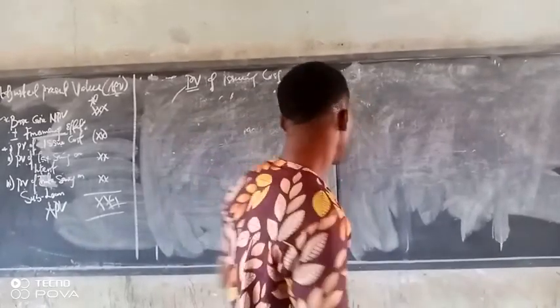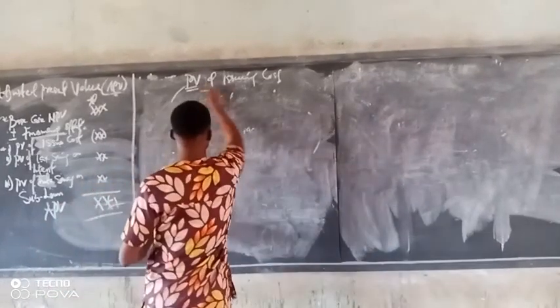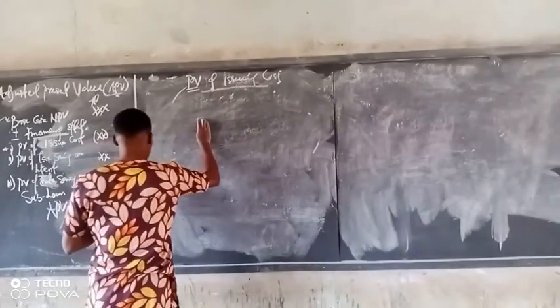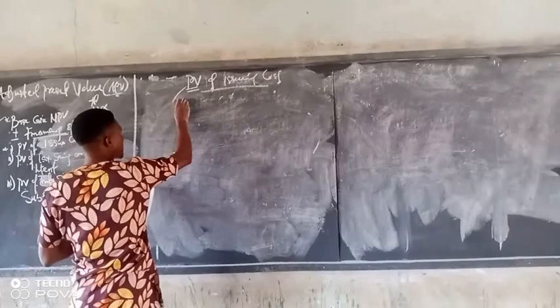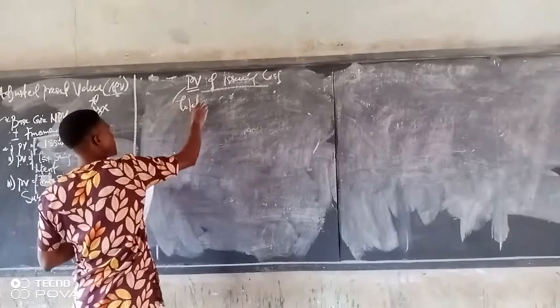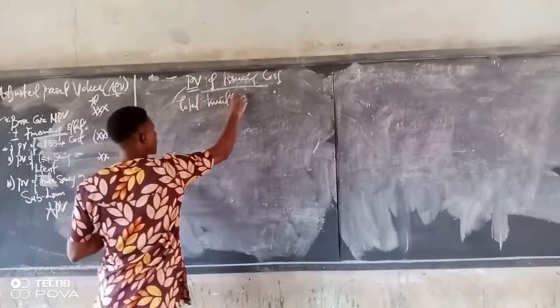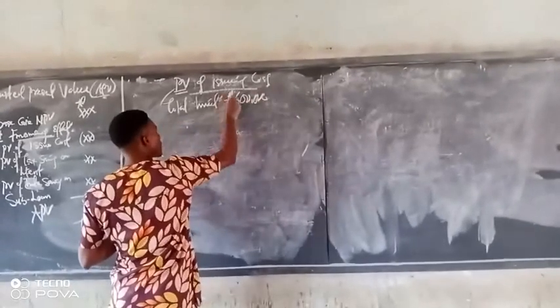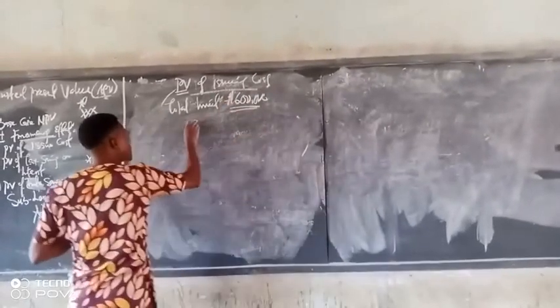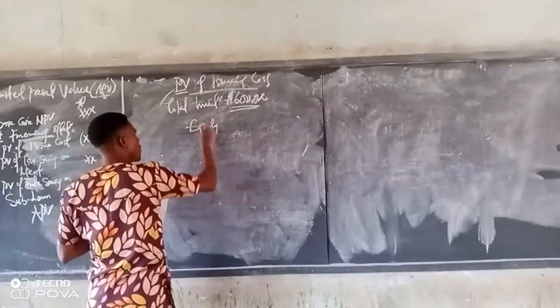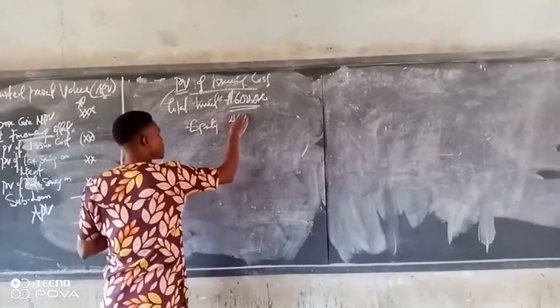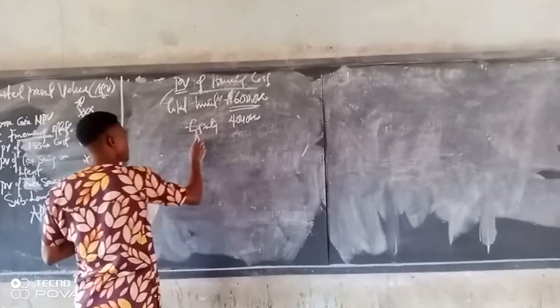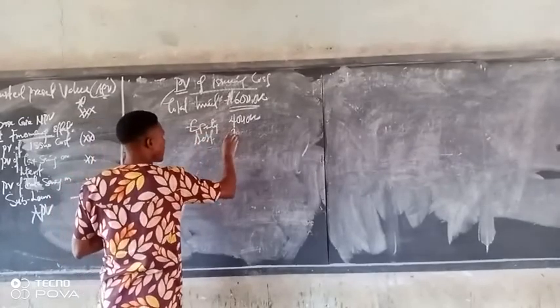So let's go with the question now. PV of issue cost. How much is the total investment? Total 600,000. Out of this amount, equity, how much do we need? 400,000. Debt, 200,000.